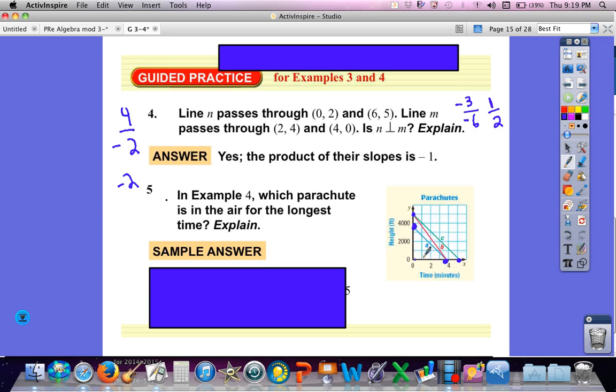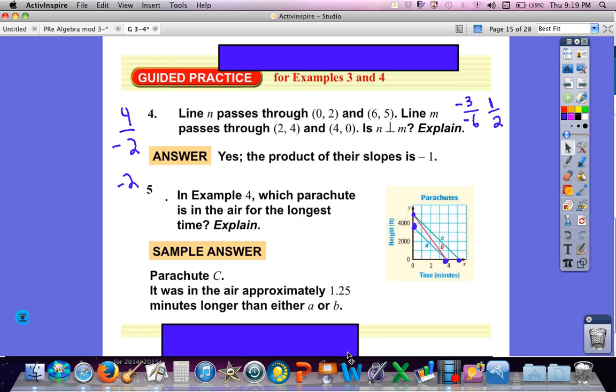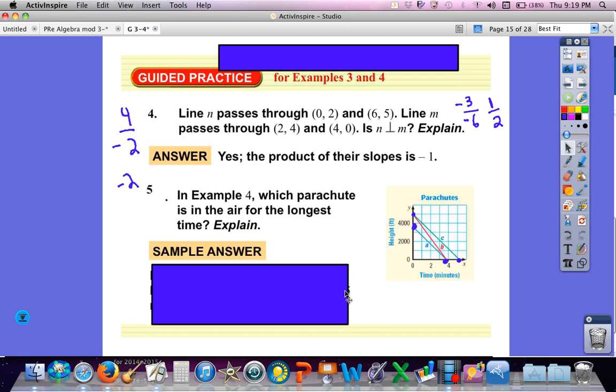That's actually the x-intercept, which shows when they hit a height of 0. So that's when they would have landed, and that's when the parachute would no longer have been open. So parachute C was in the air 1.25 minutes longer than A or B.